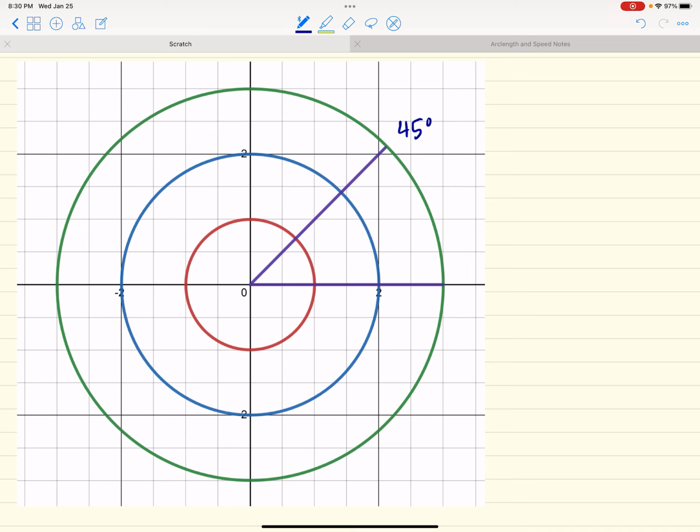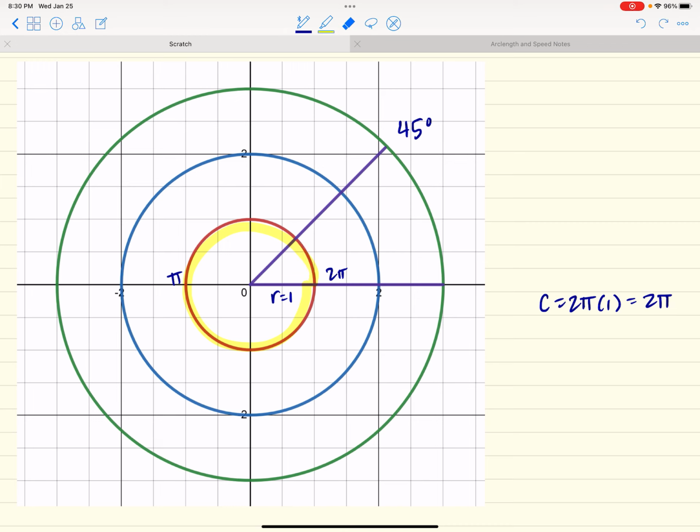So we have a 45-degree angle in here. But remember, let's go back to our unit circle for a second. Our unit circle has a radius of 1, right? Radius of 1 means that its circumference, which is 2 times pi times radius, would have to be 2 pi. If all the way around the circle is 2 pi, then the halfway point, 180 degrees, would be 1 pi, and that 45 degrees would be 1/4 of that 1 pi.